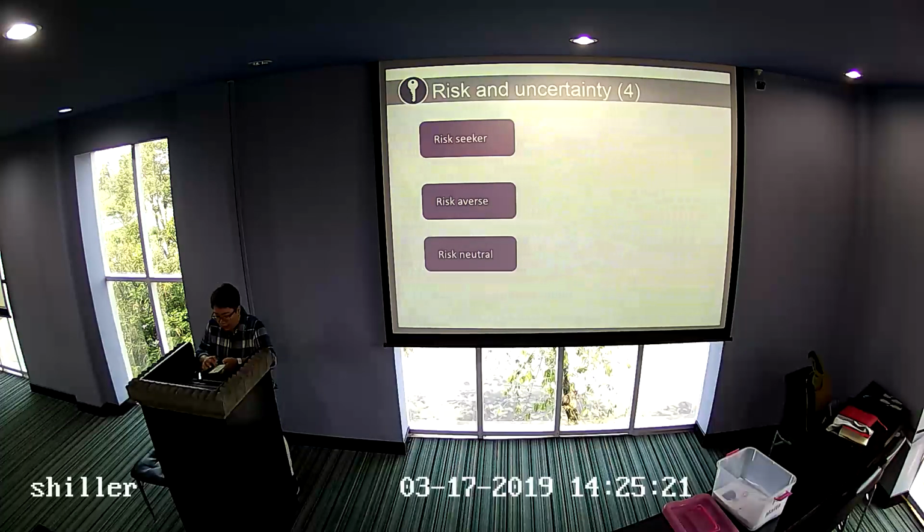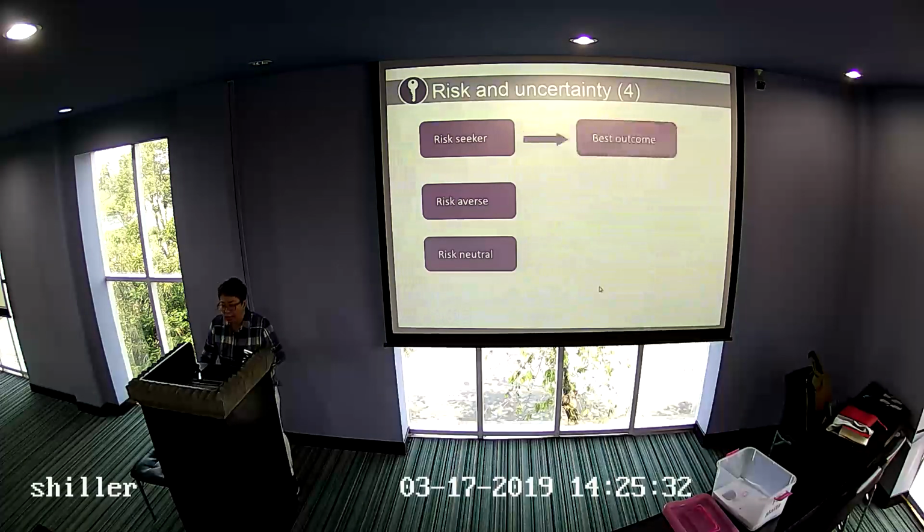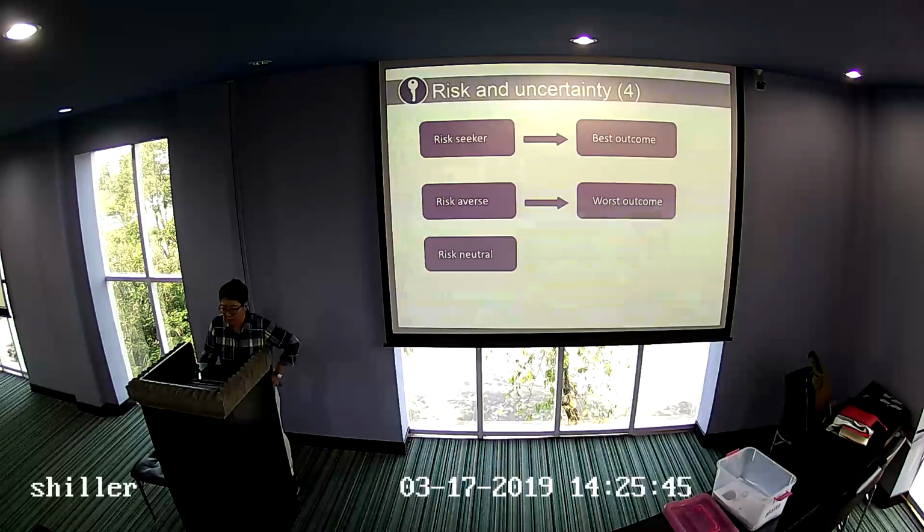And some people are risk neutral. Now, what are they? The risk seeker always thinks that the best outcome is possible. This person is very positive in his approach. Always thinks the best will come out.